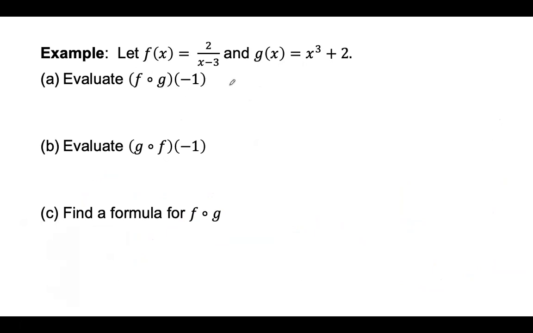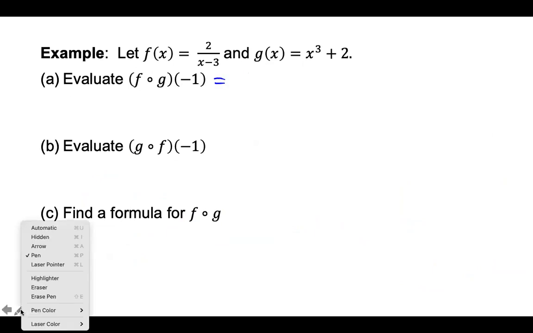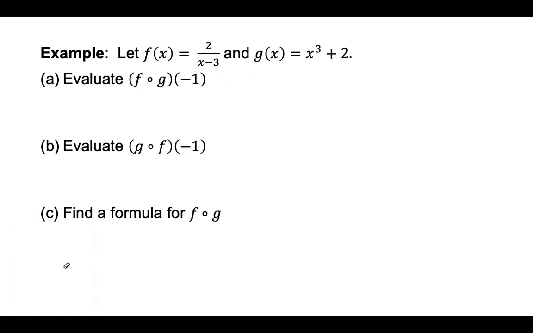What do we do? So we have the function, well, let me write it down. F composite G evaluated at -1. So this is where our X is equal to -1. It's equal to F of G at -1.